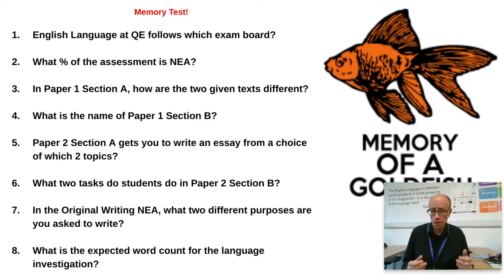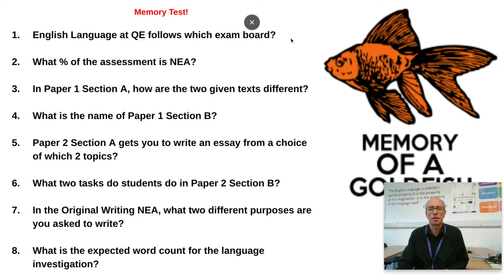Number 7, in the original writing NEA, what 2 different purposes are you asked to write? And then finally, what is the expected word count for the language investigation? Okay, so pause the video there, scribble down your answers, and see if you've got these things right.